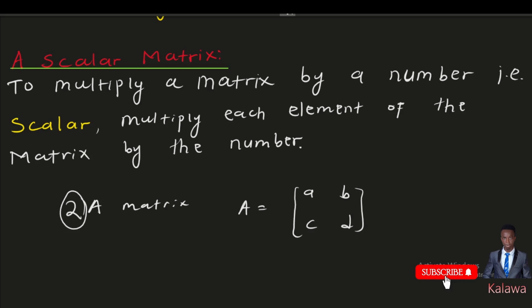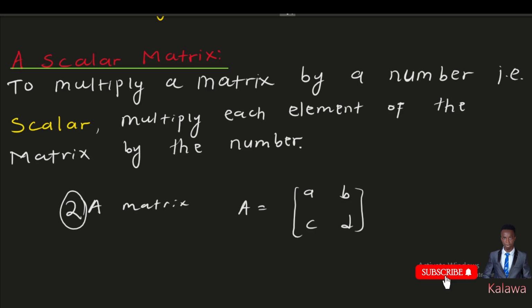So meaning they are saying if we have a number outside the elements of the matrix, that number or that constant, we call it a scalar. So that type of matrix is known as a scalar matrix.